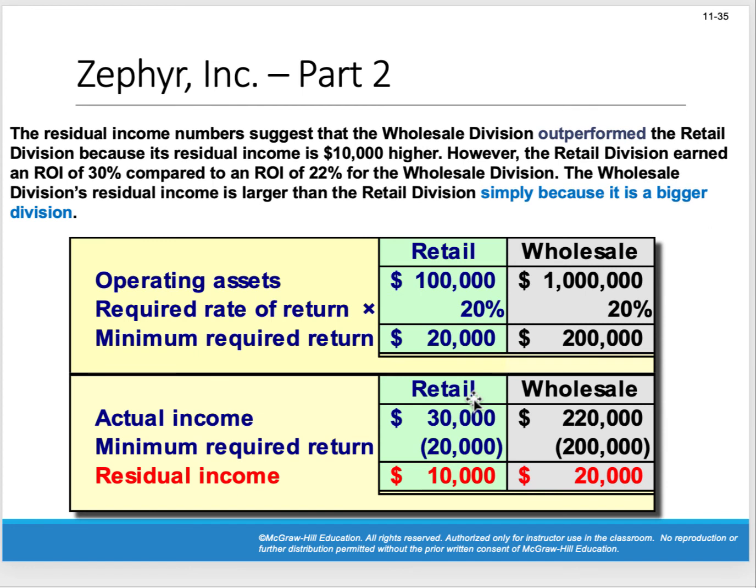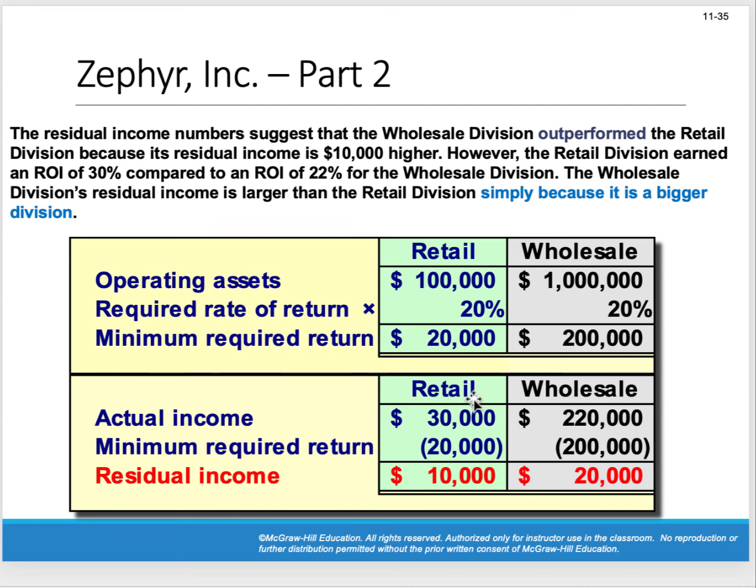residual income. Okay. Based on this, just based on looking at these results, we would say that the wholesale division actually outperformed the retail division solely based on the fact that the wholesale division has $10,000 more residual income. Okay. But remember, when we calculate ROI, it's based on the margin and the turnover. Okay.